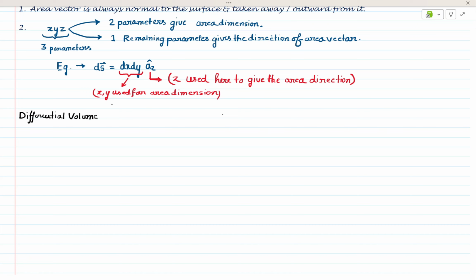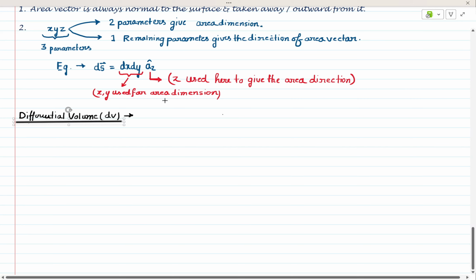Now differential volume, I have denoted it as dV. Now see, the most important point about the differential volume is that it is not a vector quantity, it is a scalar quantity.